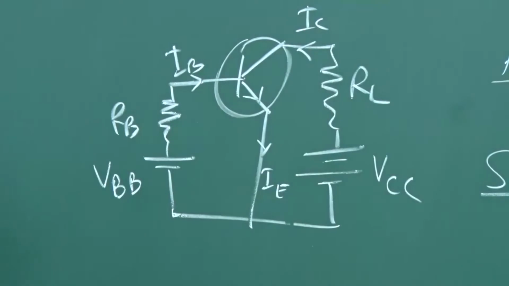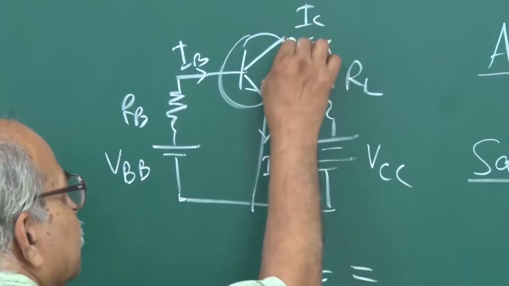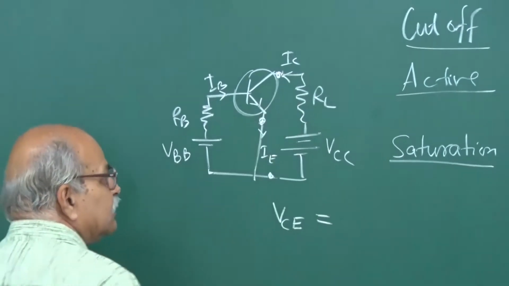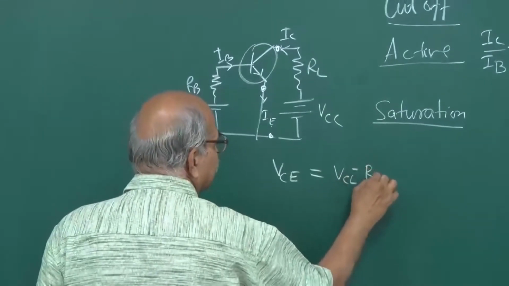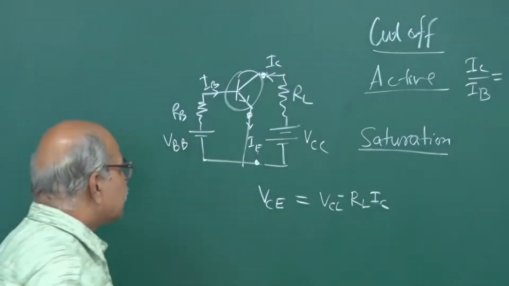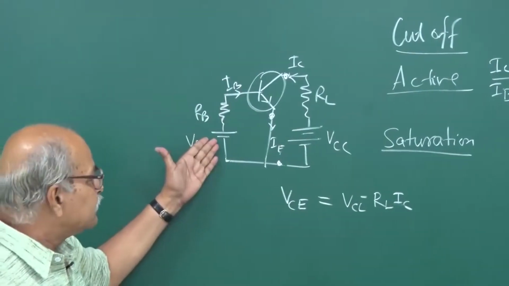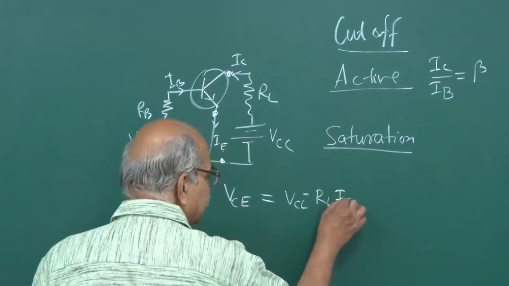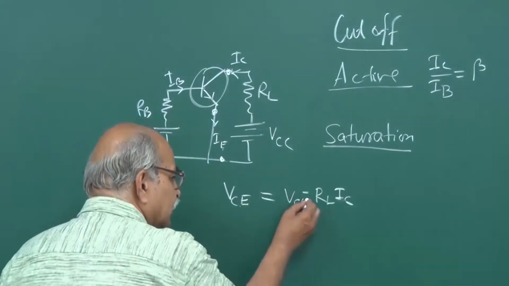So, what is VCE? VCE is between this point and this point. So, VCE is VCC minus RL times IC. Suppose we start with a small IB, a small biasing here, and then you have a small IC, and then VCE is large enough.